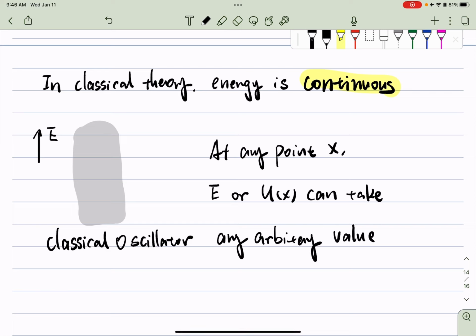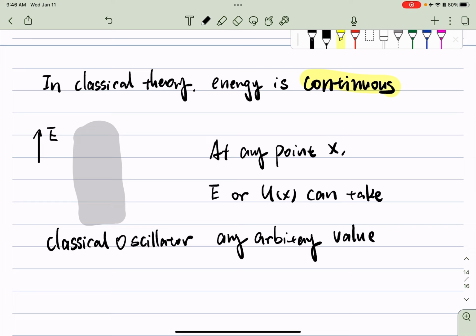All right, so that's the way to read this energy diagram. The whole point here is that in the classical oscillator, you can put that ball anywhere you like, and at anywhere, you will have a corresponding potential energy associated with that position.